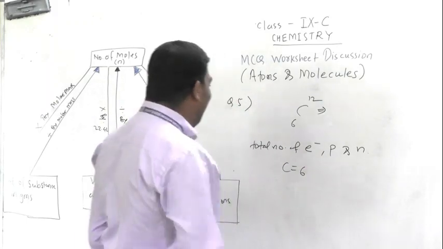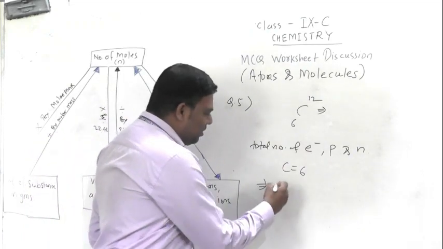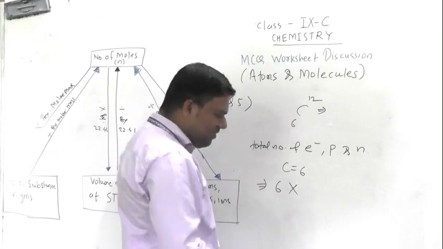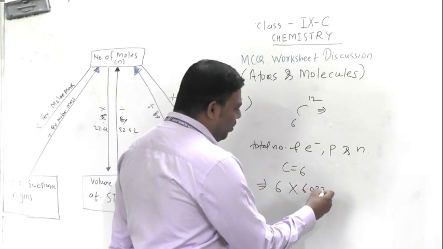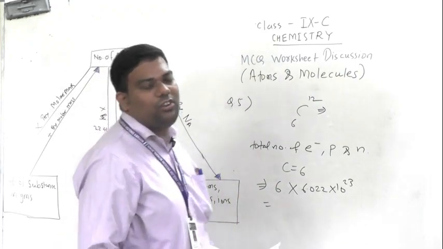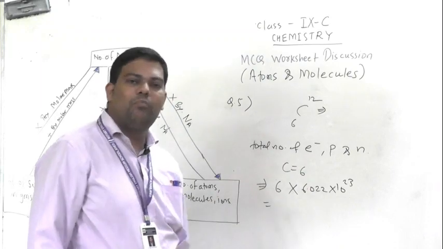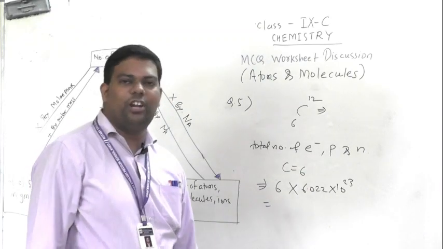So here we have to multiply this 6 into the Avogadro number, 6.022 into 10^23. So you will get 36.022 into 10^23.